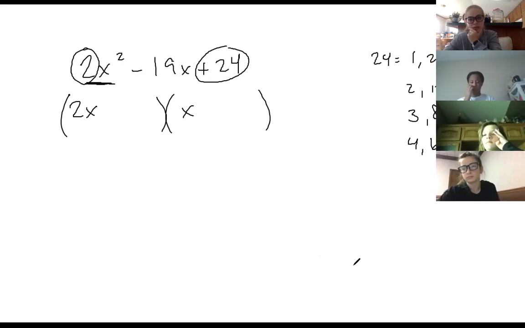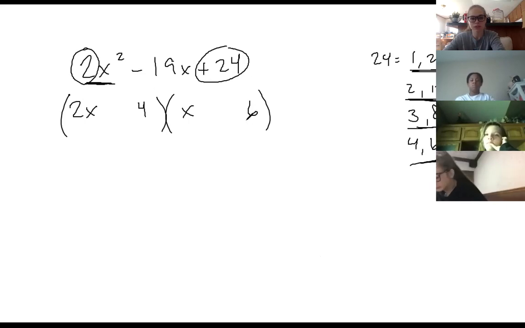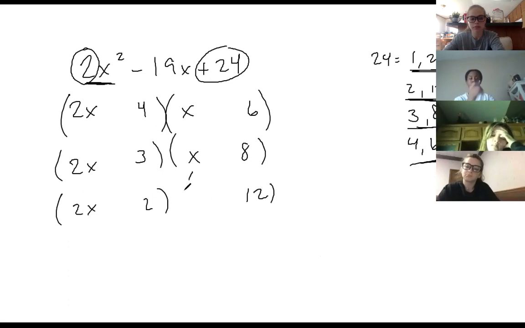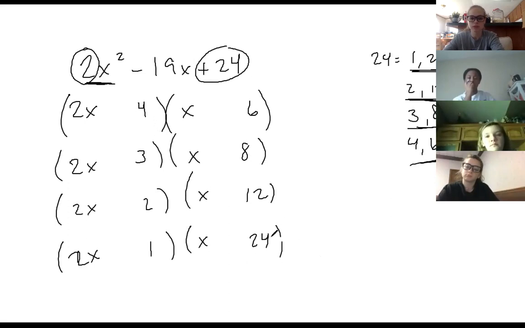This is where it's going to get a little bit trickier, where you have to really do some thinking, okay? Because any one of these sets of numbers, if I put 4 and 6 in there, or 3 and 8, or 2 and 12, when I multiply my last numbers, I'll always get 24.